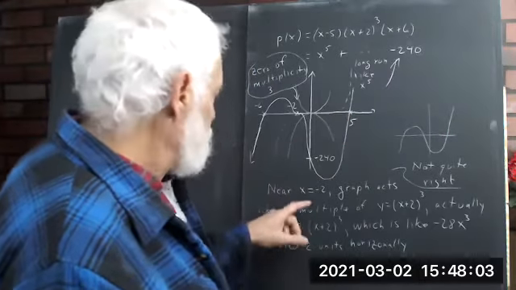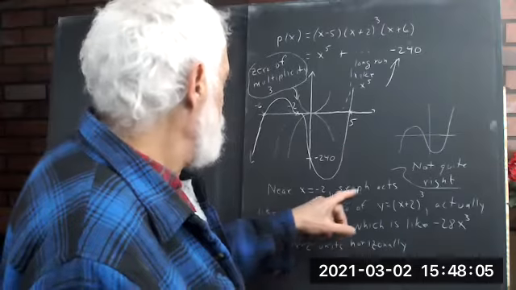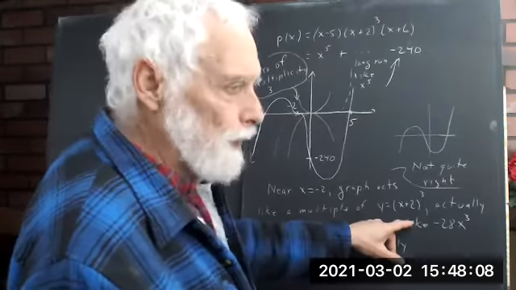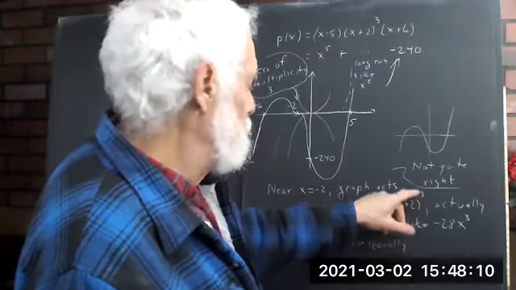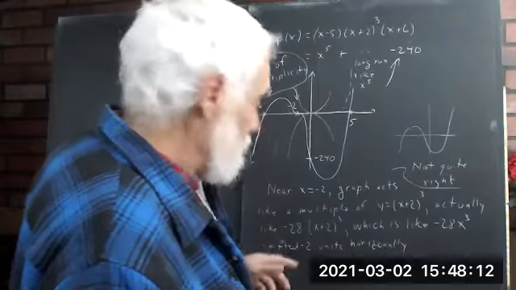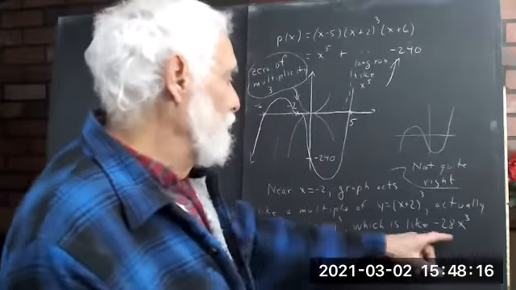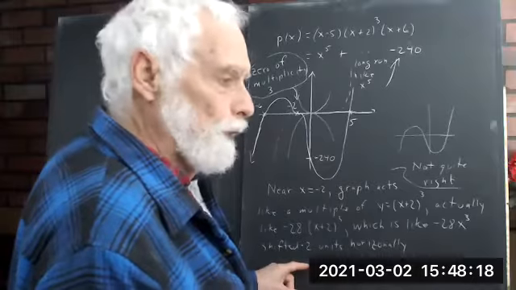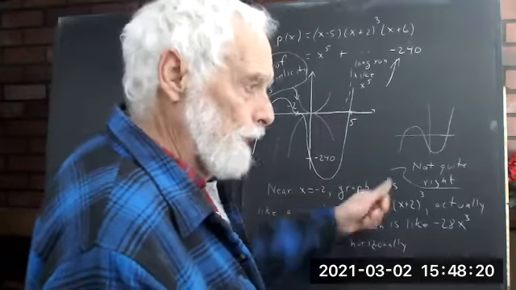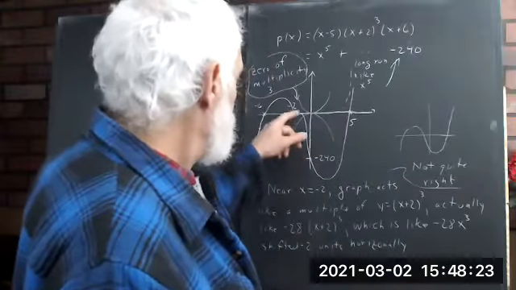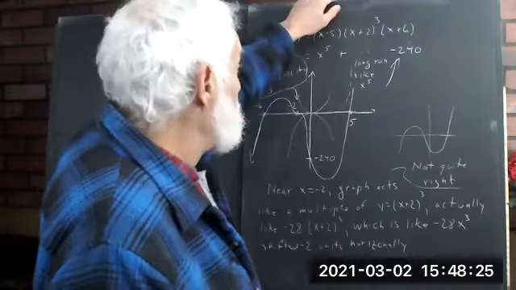So in any case, at x equals -2, the graph acts like a multiple of y equals the quantity (x plus 2) cubed, actually like -28 times (x plus 2) cubed. And that's like -28 x cubed shifted 2 units in the horizontal direction, in other words, 2 units to the left. There it is, as I said it.